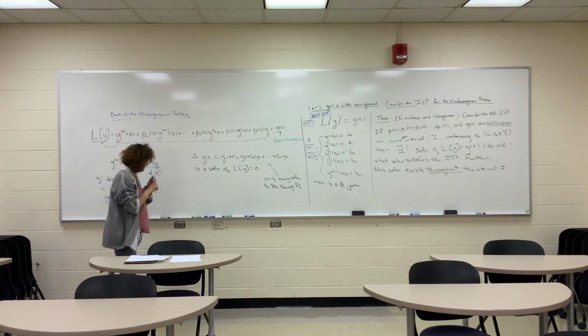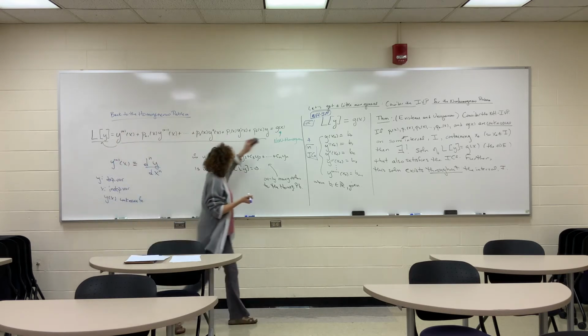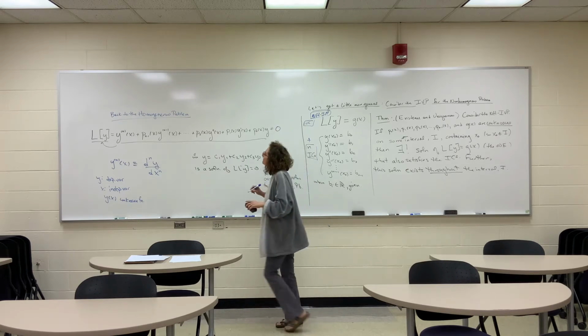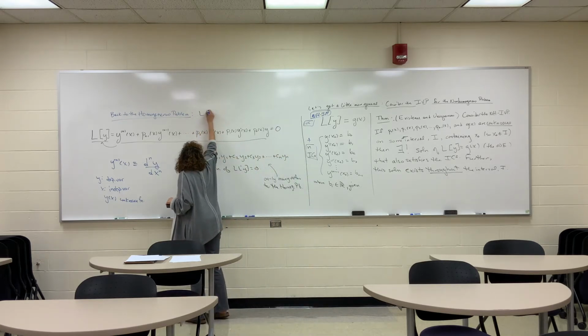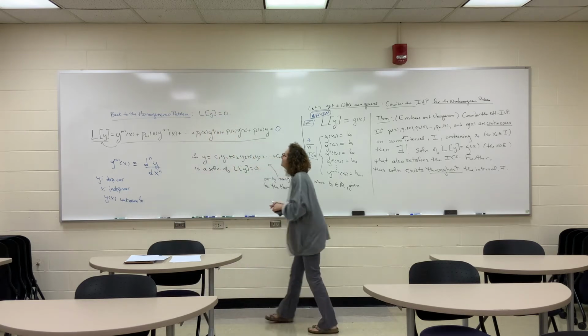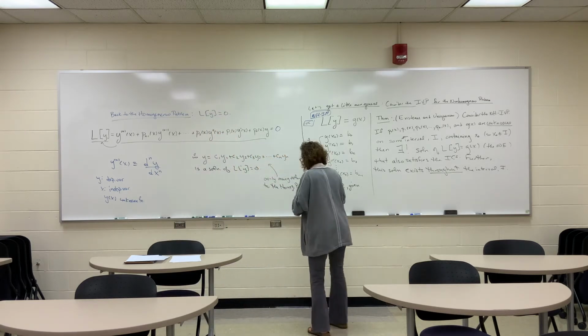We're doing the homogeneous problem, and this guy is 0. The homogeneous problem, written more concisely, is L of y equals 0. Written out more, there's L of y.